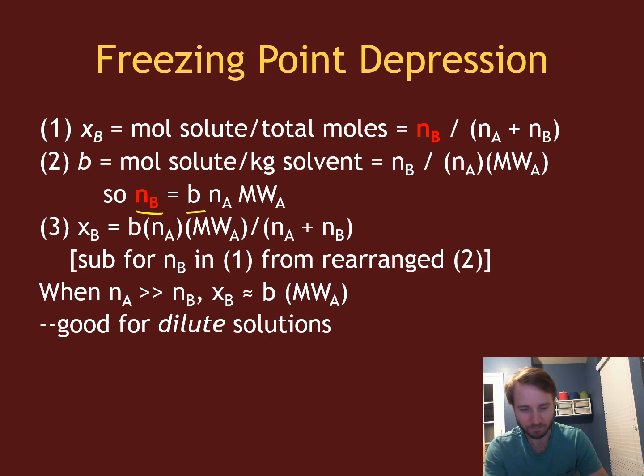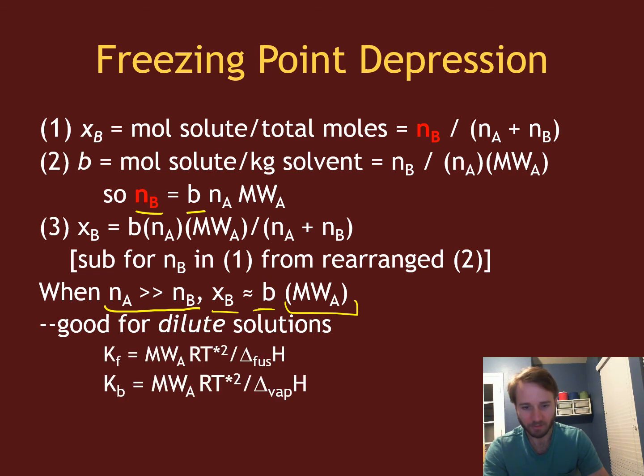And basically, if you assume again that you have dilute solutions, the number of moles of A is much greater than the number of moles of B, what you can approximate is that the mole fraction of B is related with the molality of B times the molecular weight of A, which is your solvent, okay?